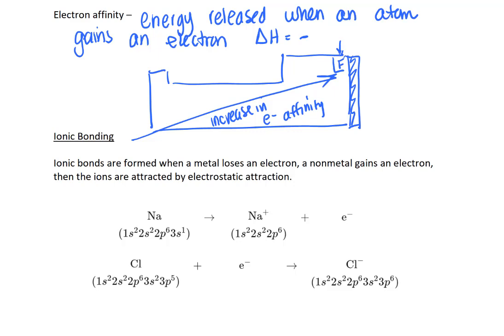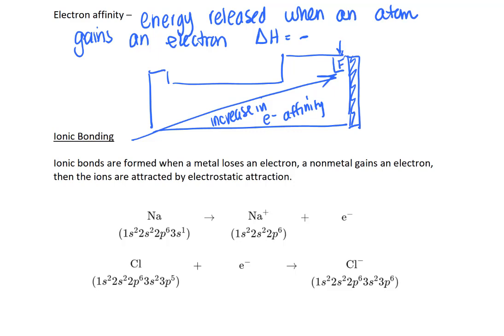Then, why these things are gaining and losing electrons really ends up relating to electron configuration and ionic bonding. So like we said earlier, atoms are going to gain or lose electrons to become isoelectronic, which means same electron configuration as a noble gas, right?